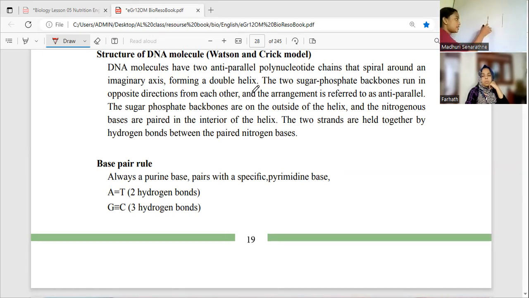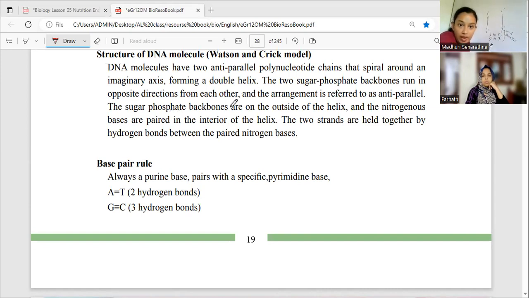One strand appears in 3 to 5 direction, the other one is 5 to 3 direction. That is why we call it antiparallel.